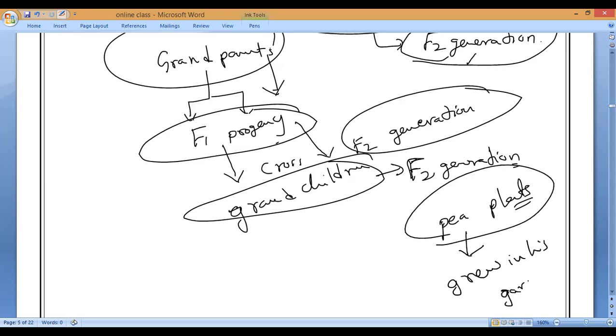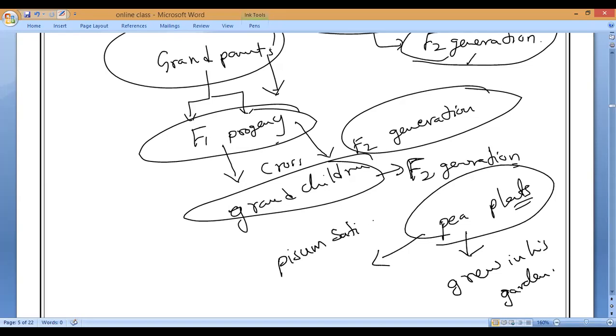He did a lot of experiments and continuous observation studies of these pea plants only. The scientific name of this pea plant is Pisum sativum.